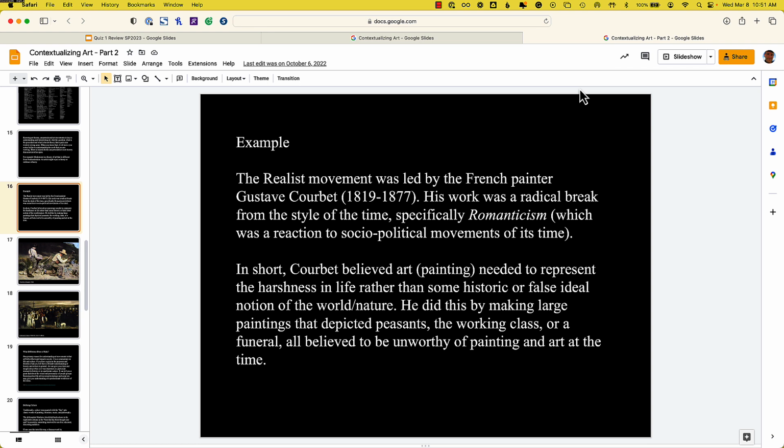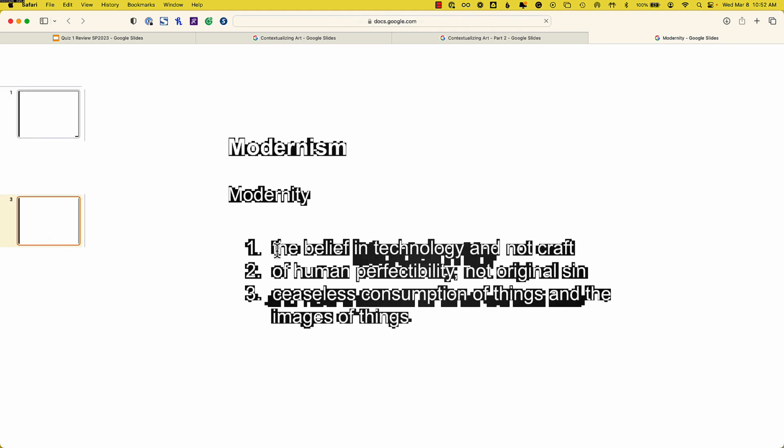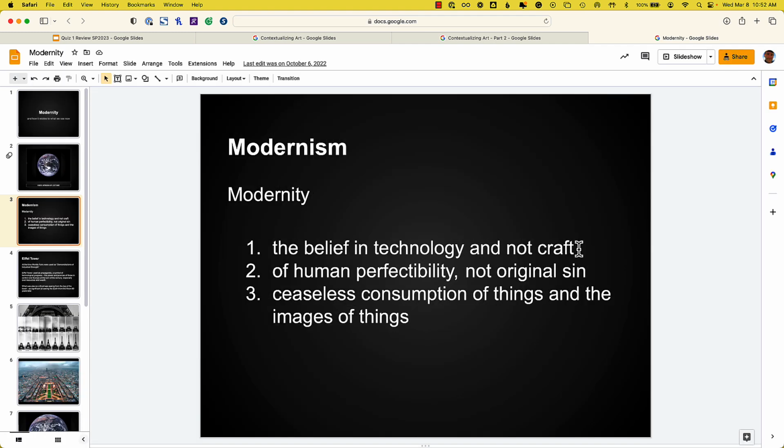Okay? Now, modernity, the three characteristics that I really want you to harp on or pay attention to most significantly, right, is this belief in technology and not craft. Craft being like the skill or the skillfulness of how something's made.